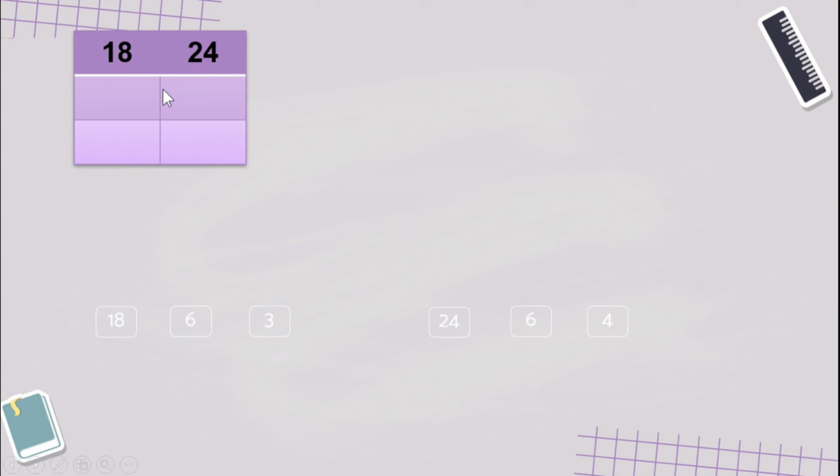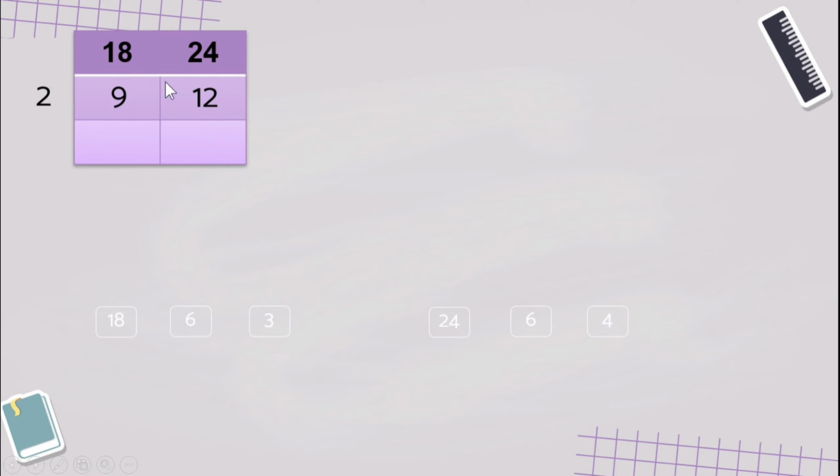So to find the gift bags that Sarah can pack, we can use the GCF because we have 18 erasers and 24 pencils.